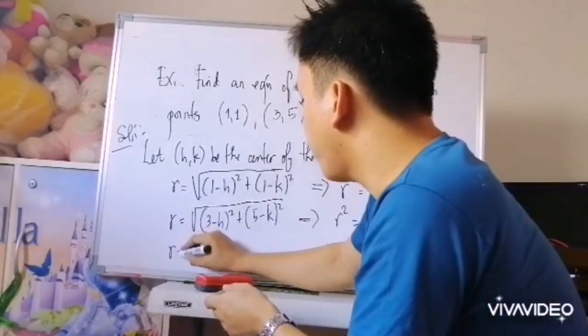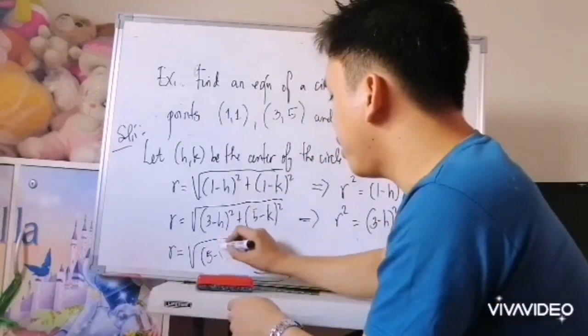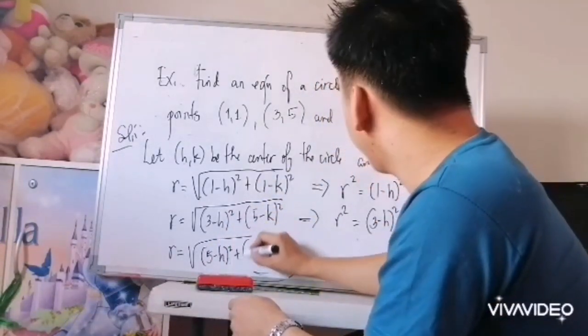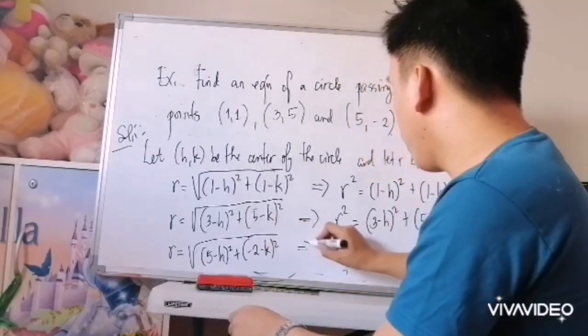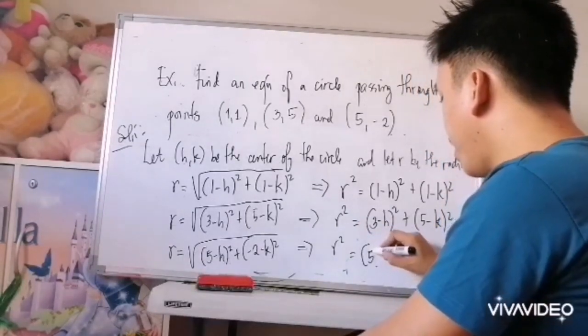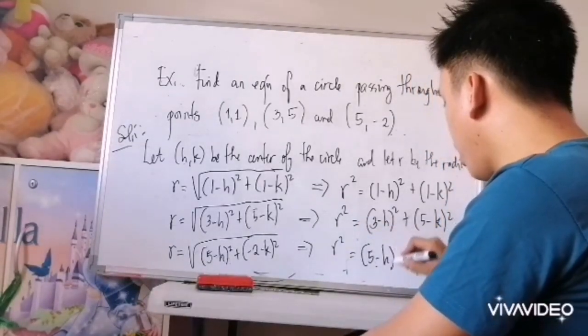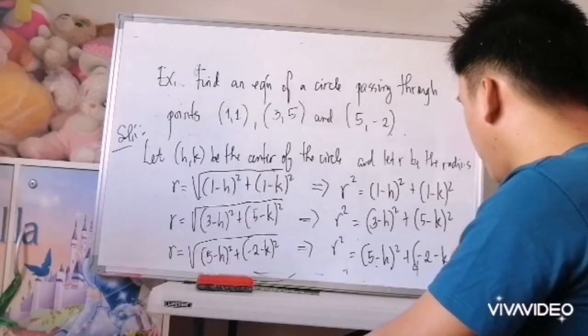Another is I also have this: (5 - h) squared plus (-2 - k) squared equals r squared.